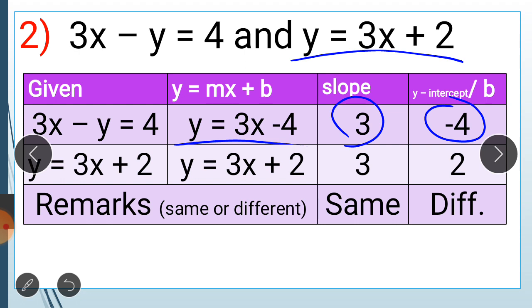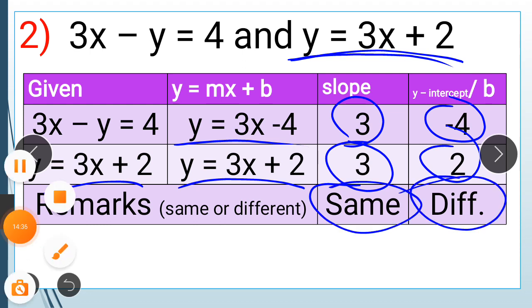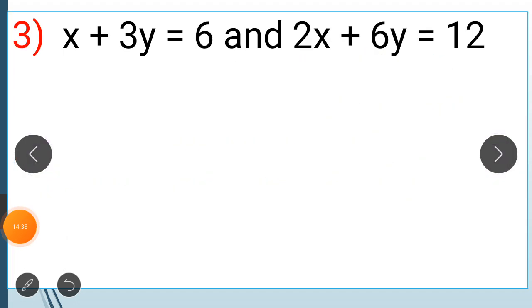The only difference is it's already in the slope-intercept form. So you just have to copy this, then identify the slope and the y-intercept, and take note of the remark. They have the same slope but different y-intercept.